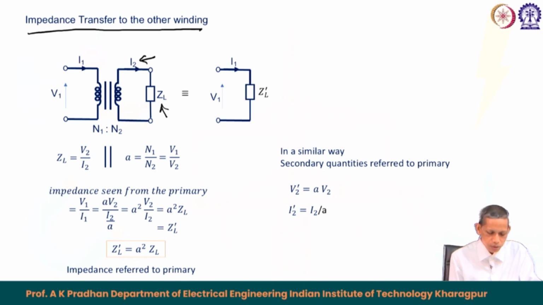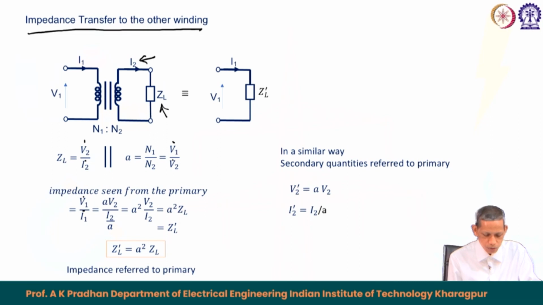Now, this ZL equals V2 phasor upon I2 phasor and a equals N1 upon N2 and that equals V1 upon V2. So, this results in the impedance seen from the primary side. If you see the impedance from the primary side, that equals V1 phasor upon I1 phasor.